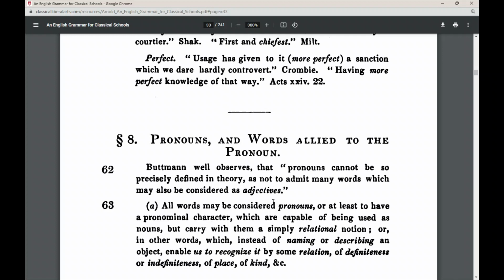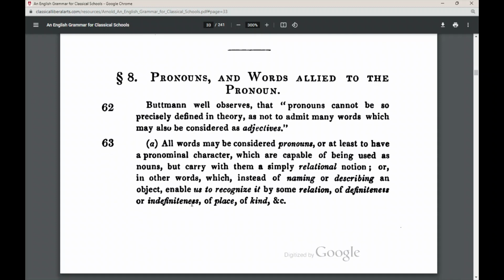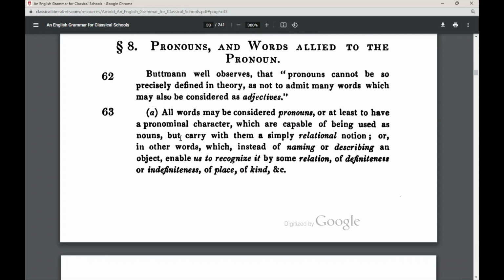through this lesson together. In Article 63 here, we have a good description of what pronouns are. Let's read this. All words may be considered pronouns, or at least to have a pronominal character, which are capable of being used as nouns, but carry with them simply a relational notion.